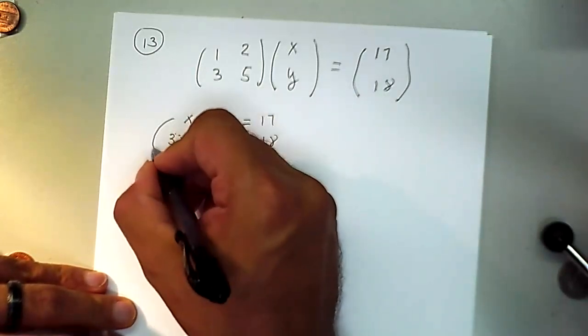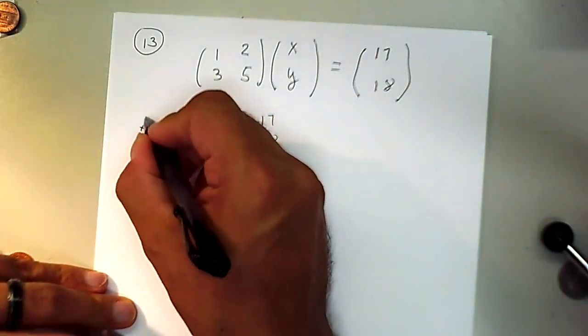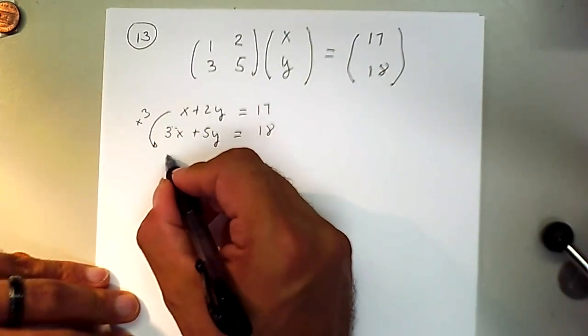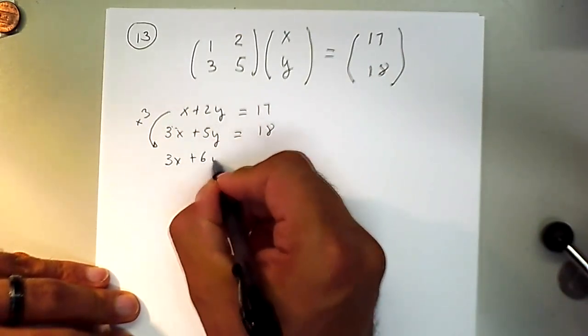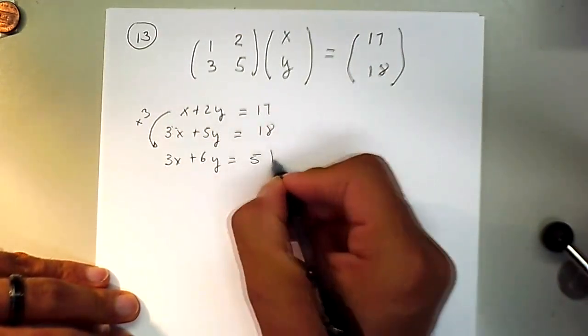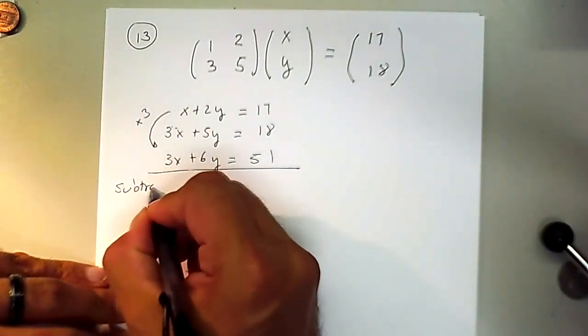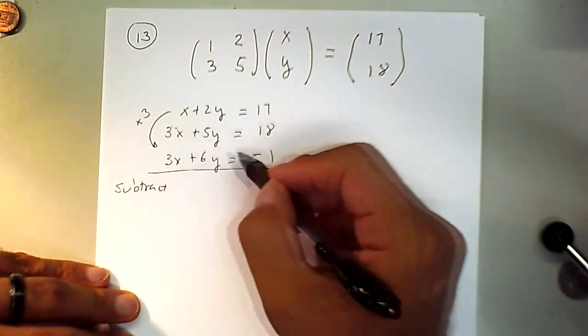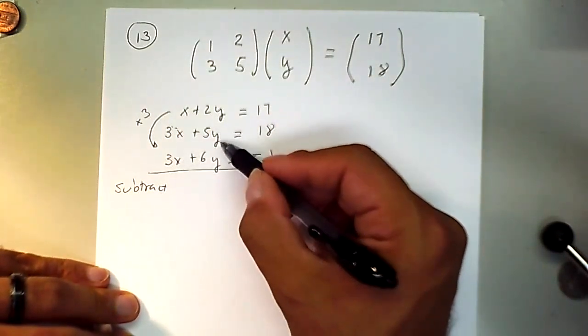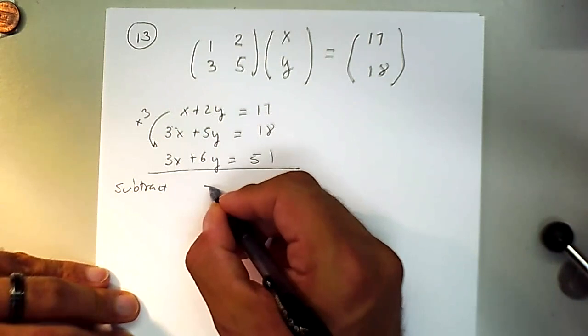We can multiply this equation by 3, and we get 3x plus 6y equals 51. And then we can subtract. So the 3x's go. 5y minus 6y is negative y.